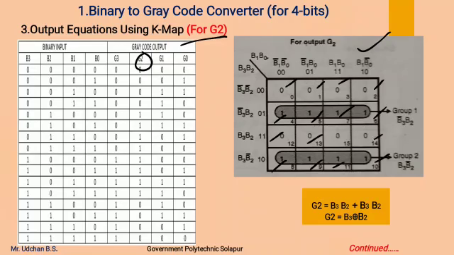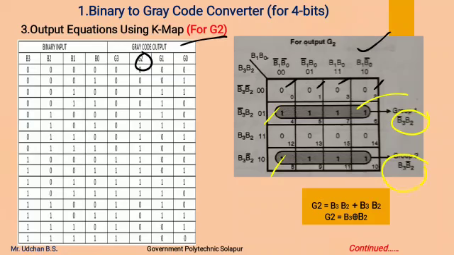After this we find whether an octet, quad or pair is possible. Here an octet is not possible, so 2 quads are possible, this one and this one. For this quad we will get the equation B3 bar B2, and for this quad we will get the equation B3 B2 bar.